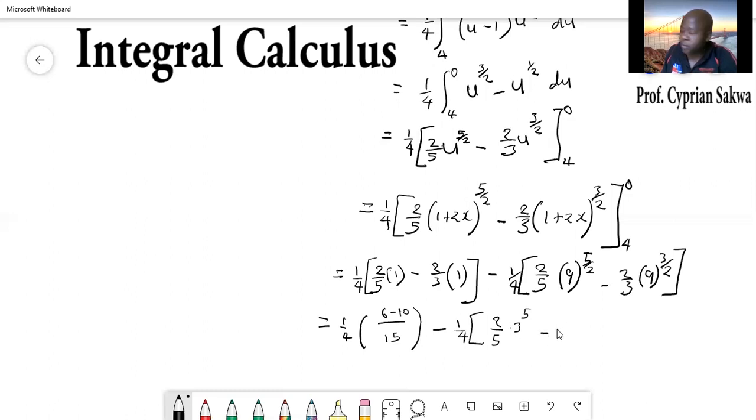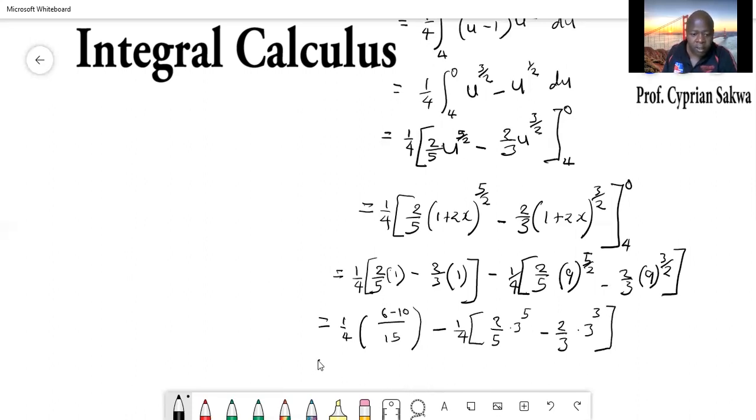And then minus 2 over 3, again this is 3 squared raised to that, the same as 3 raised to 3. Close the bracket.